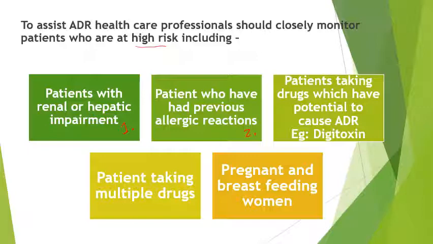The drugs which have the potential of causing many ADRs are generally drugs which have a narrow therapeutic index. An example is digitoxin. So this is the third one. And the patients who are taking multiple drugs, that is they are practicing polypharmacy, are a high risk demographic. Now, if there is a pregnant woman or a breastfeeding woman, that is again a high risk population.